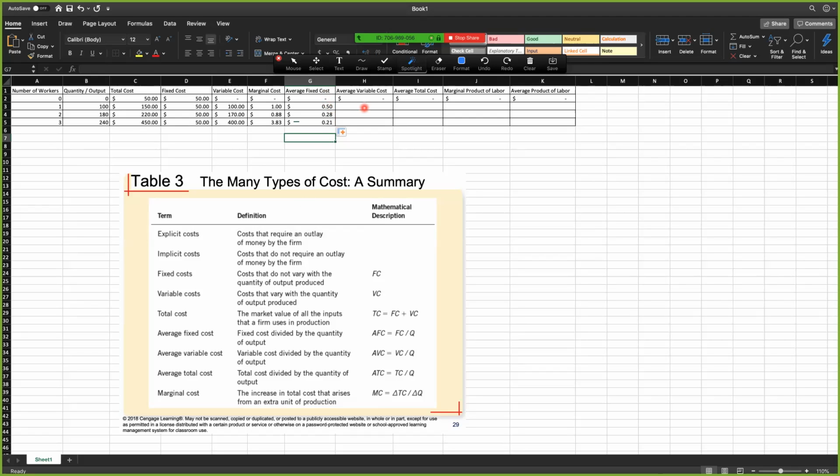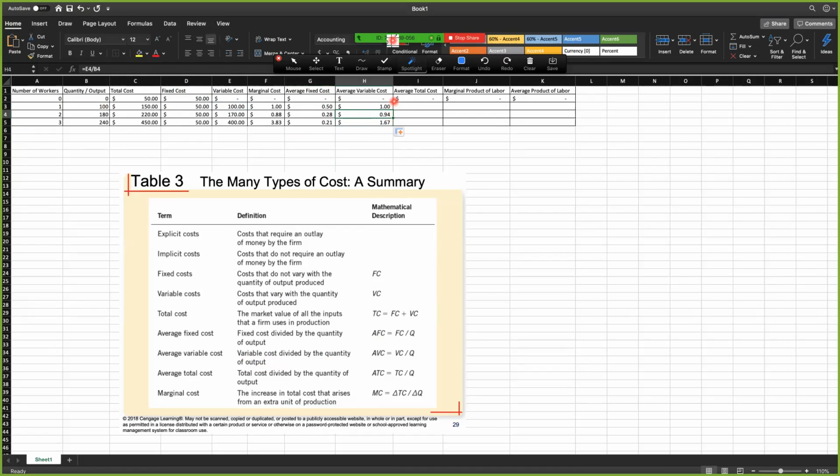Now for average variable cost, the average variable cost is just the variable cost divided by the quantity of output. Notice as well that the average variable cost varies quite a bit over the period.